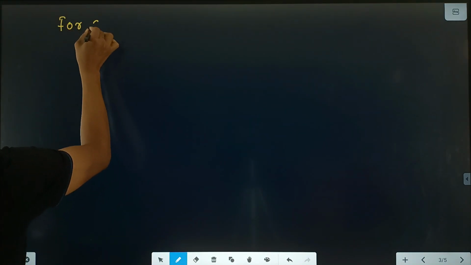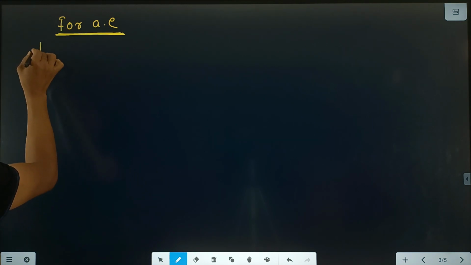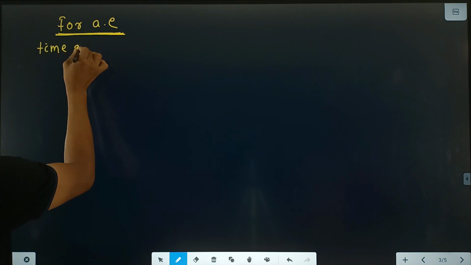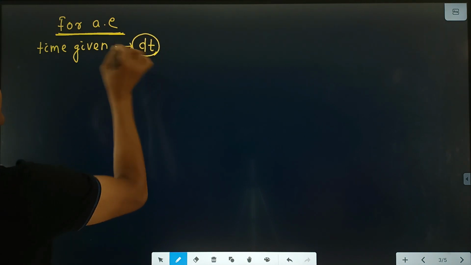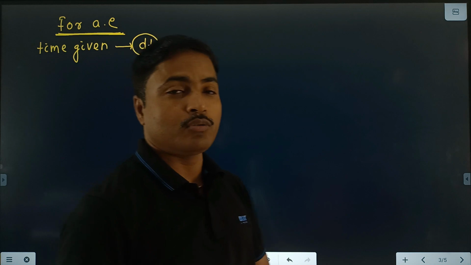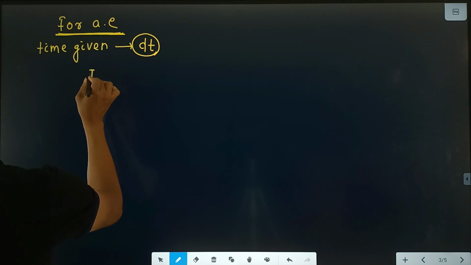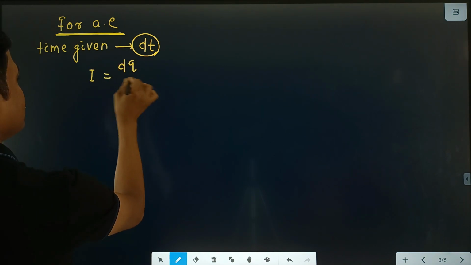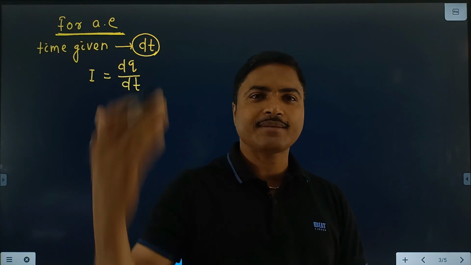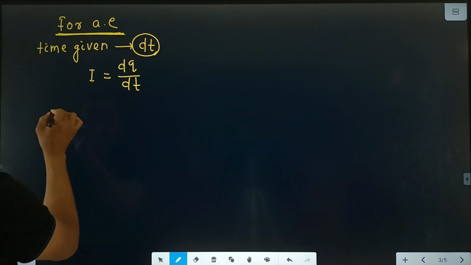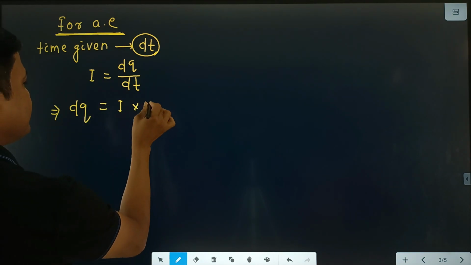Suppose alternating current is flowing through the circuit, and the time given is very small, that is dt. In dt time, you know the equation for instantaneous current, I is equal to dq by dt. This is the equation of instantaneous current. You know this in the chapter current electricity, and from this equation we write dq is equal to I multiplied by dt.